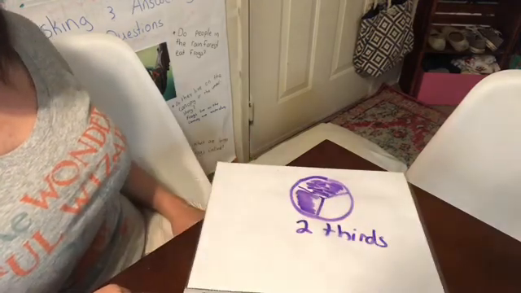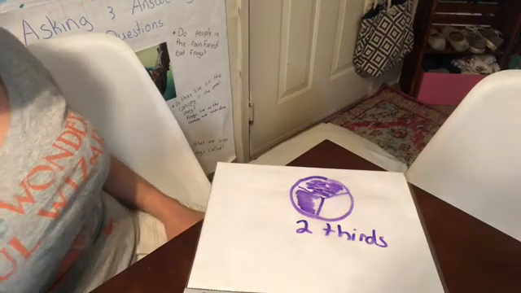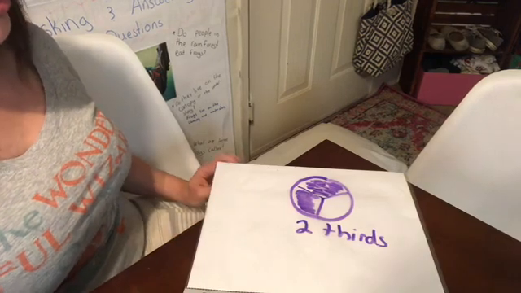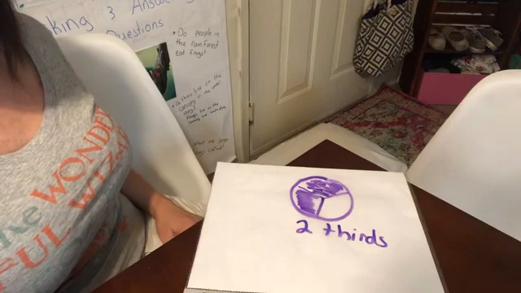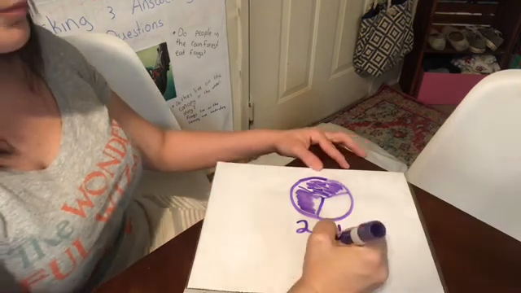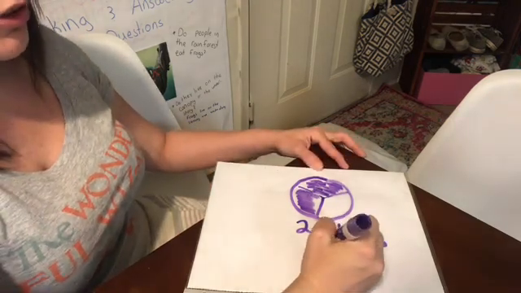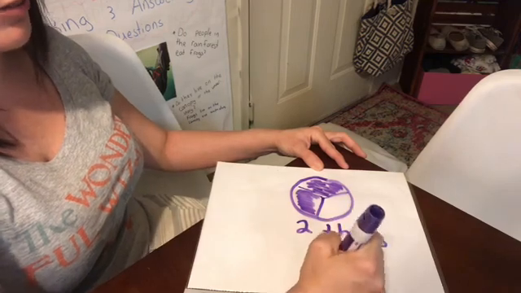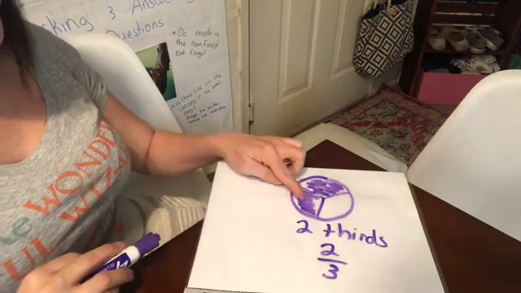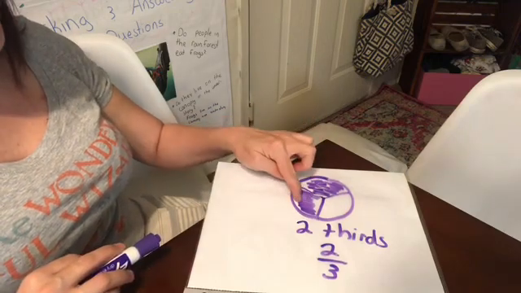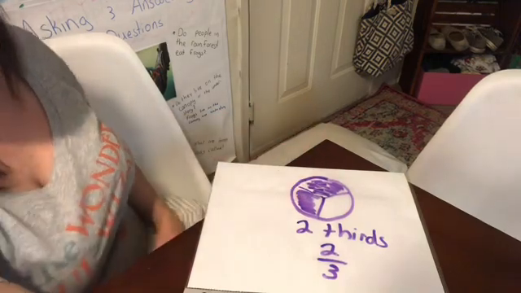And then also please write it down in fraction form. Total number of parts shaded in over total number of parts there are altogether. Say it, 2/3. I have now made 2/3 by making a copy of the 1/3. Here's 1, there's the copy.